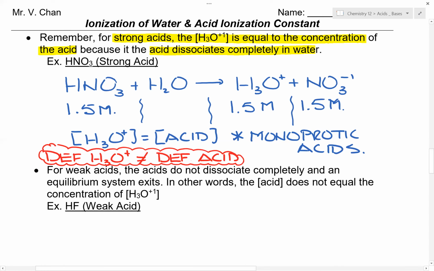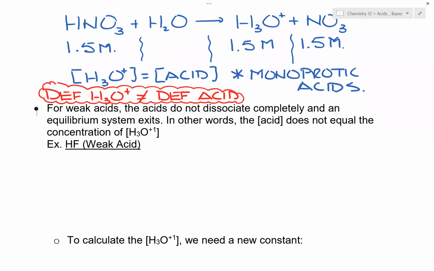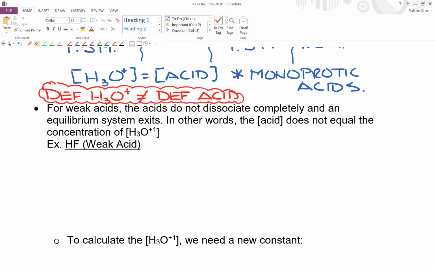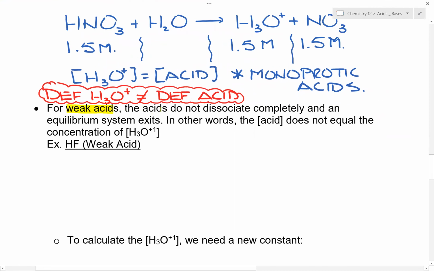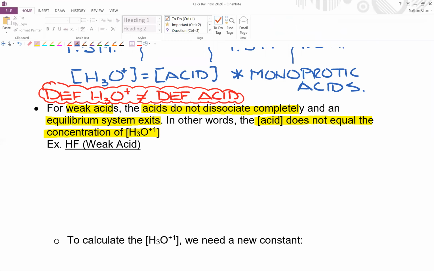Okay, for weak acids, the acids do not dissociate completely. And as a result, an equilibrium system exists. In other words, the concentration of the acid does not equal the concentration of H3O plus. Now, let's say, for example, HF, which is a weak acid.